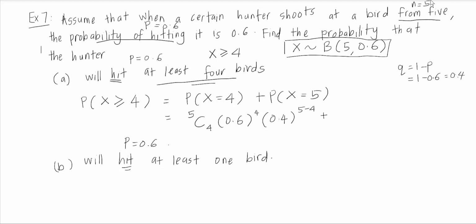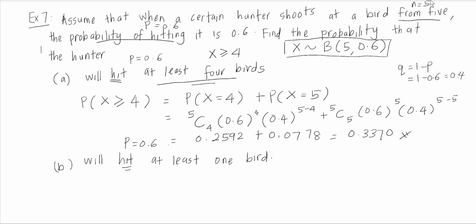Then when x equal to 5, we have n combination x, our x is 5, 0.6 to the power x which is 5, and 0.4 is our q, to the power 5 minus 5. Then we get the answer 0.2592 plus 0.0778, which equals 0.3370.